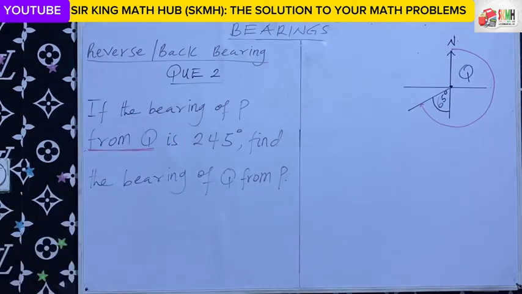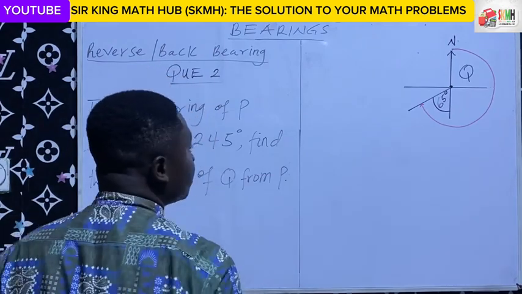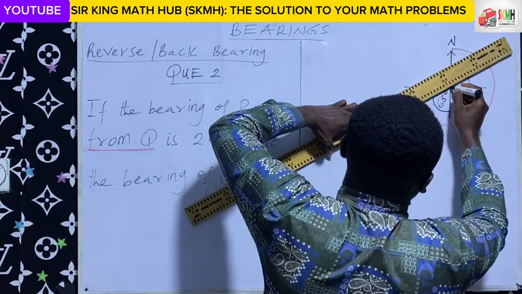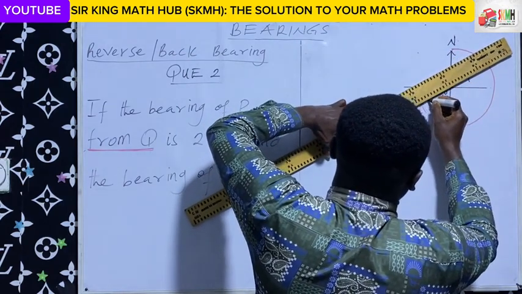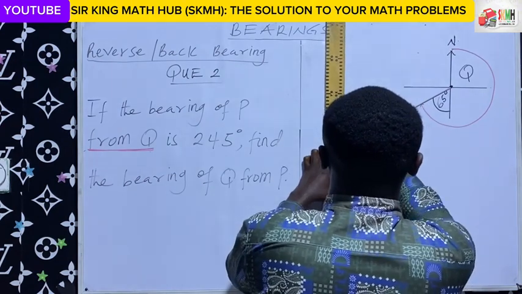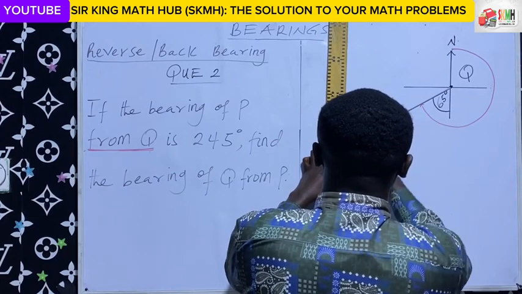So that is what we have done, 245 degrees. Let's extend the line to the second point, or the second location. So this point here will be our point P.